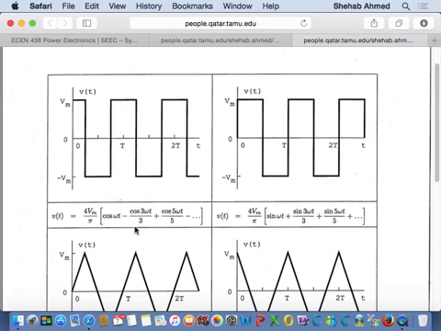So it's the fundamental, third harmonic, fifth harmonic, and so on and so forth. So from the Fourier series, you know the equation of each of these sources. Now if you want to find the power that's being consumed by the resistor, you can do that, because you have the equation for the fundamental component, 4v maximum over pi cosine omega t.